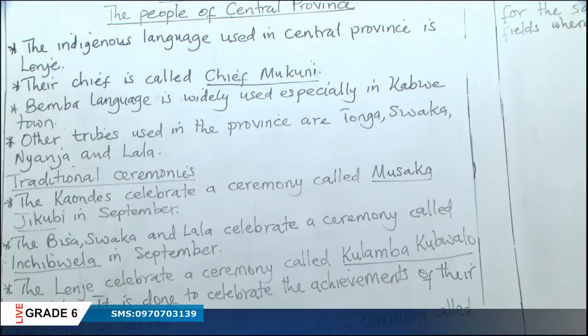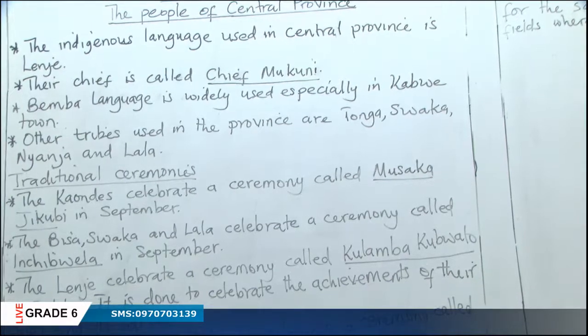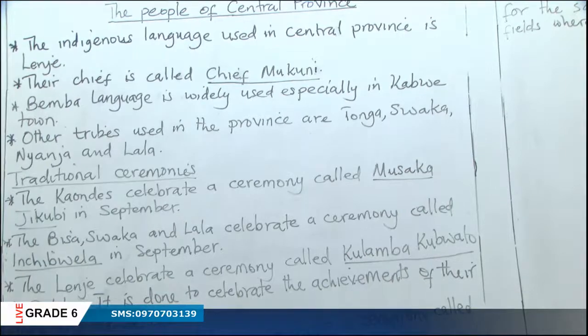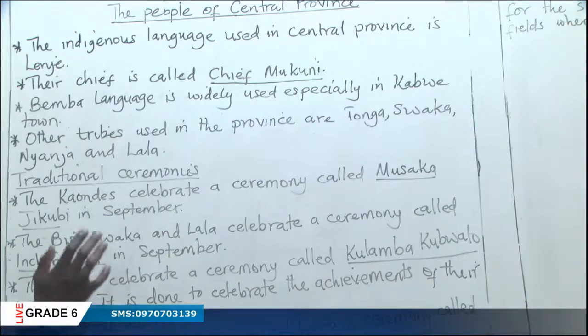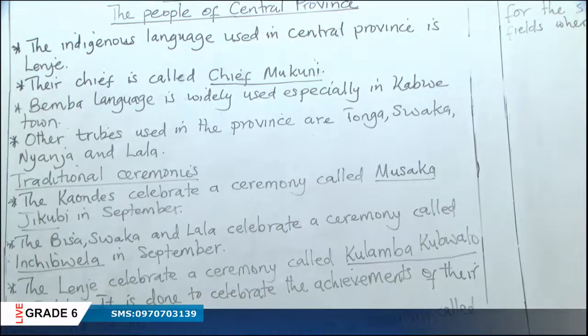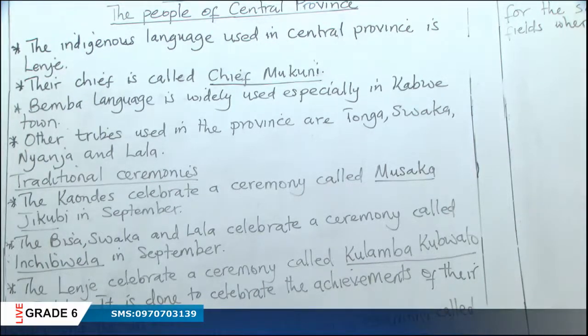Let's look at the traditional ceremonies. The Kaondes celebrate a ceremony called Musaka Jikubi in September. I believe this is the month in which this ceremony takes place.